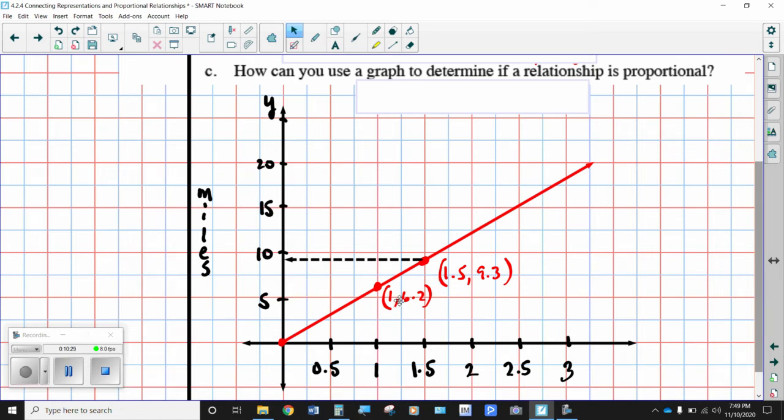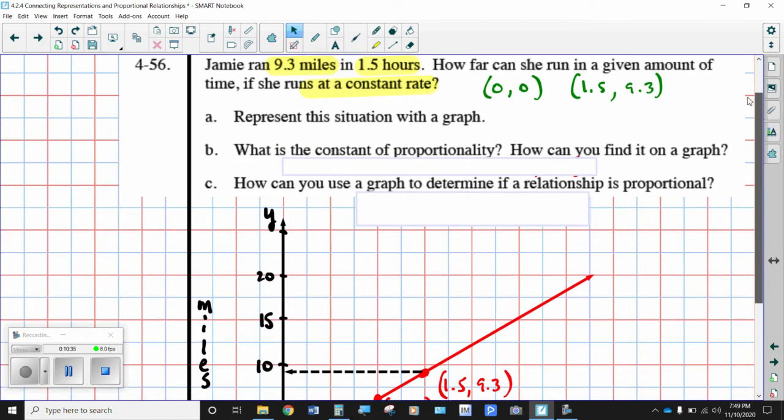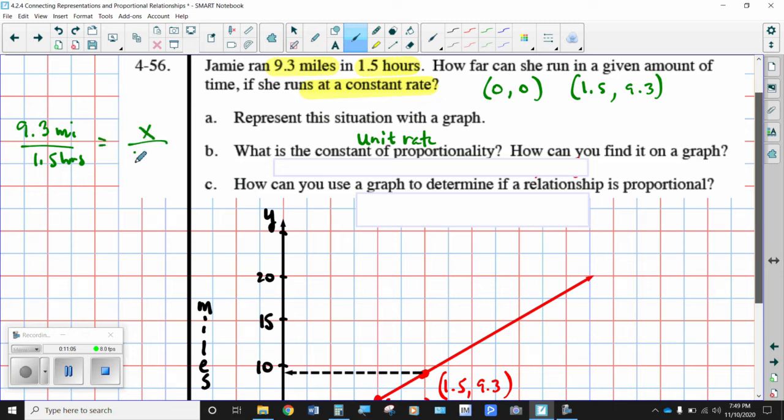So why did I plot this point right here? Well, because we need to find the constant of proportionality. So on the graph, the constant of proportionality is going to be the point where x is equal to 1. But how do I know for sure that that's the constant of proportionality? Because that is the unit rate, right? And I can find the unit rate for this situation by taking the information that I know. 9.3 miles in 1.5 hours is going to be equivalent to how many miles in 1 hour?